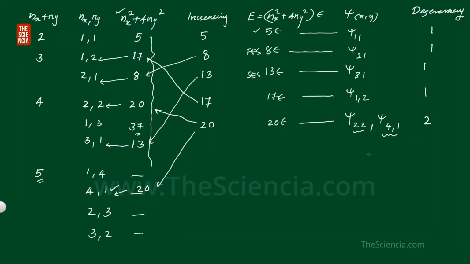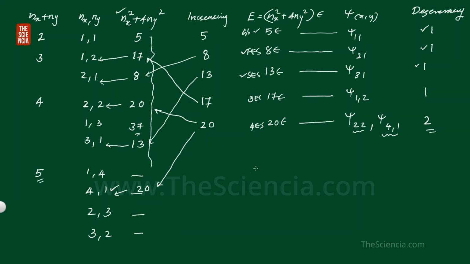Similarly, you can find the other terms also. The ground state is non-degenerate, the first excited state is non-degenerate, the second excited state is non-degenerate, and the third excited state is also non-degenerate, but the fourth excited state is degenerate by 2.